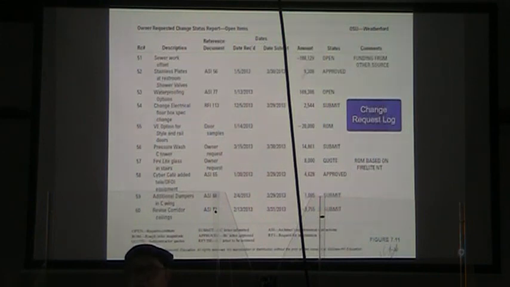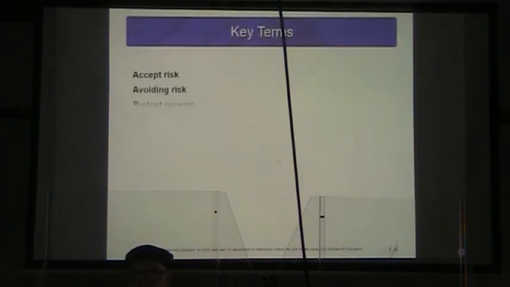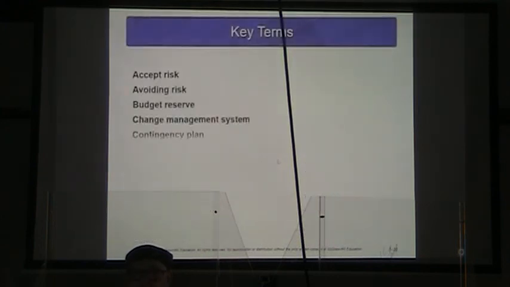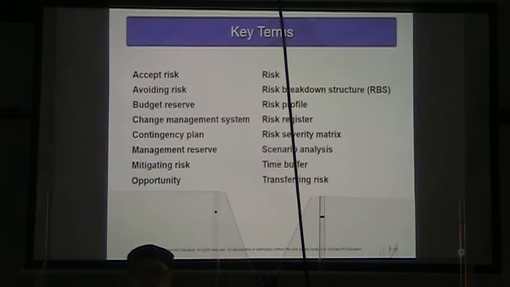You'll notice the amounts are negative in the case of our first one, sewer work offset, right? But sometimes the amount is a positive amount. Okay, and there you have it.